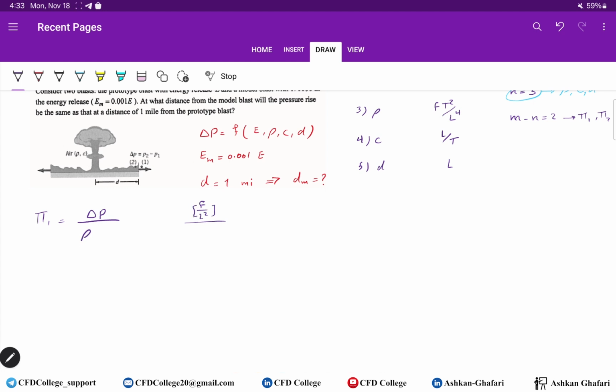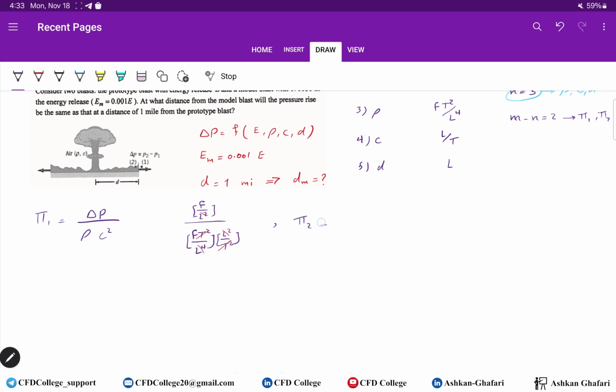So we should use rho here to cancel F: F T square over L to the power 4. And if you pick c square, you will have L square over T square. So T is cancelled, and also the length. So this is the first one.